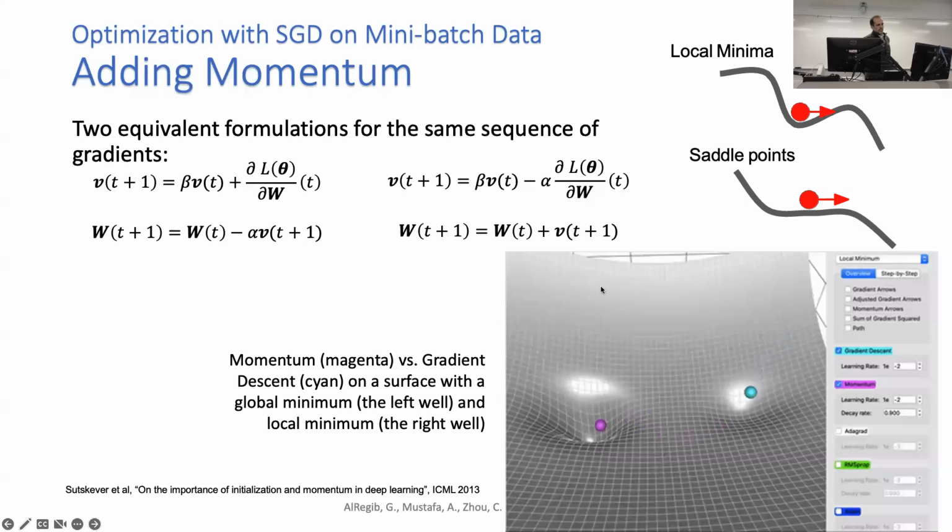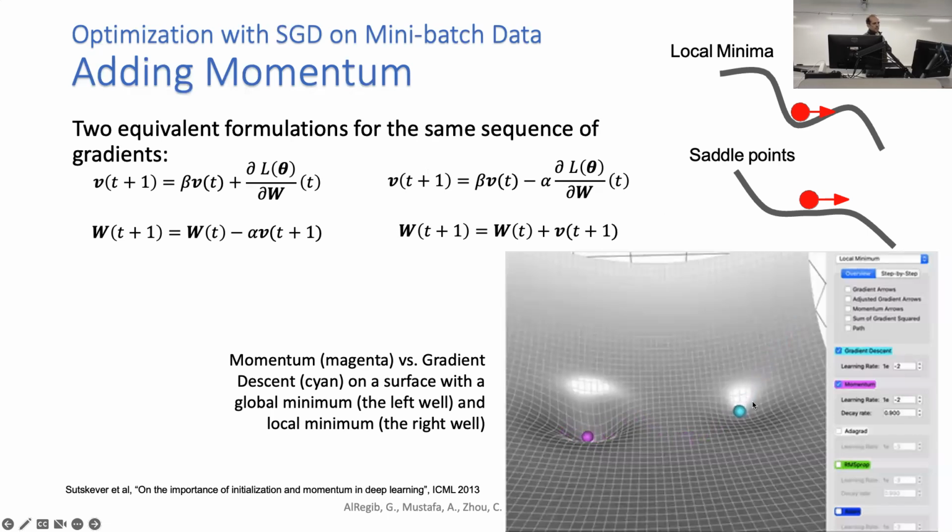Looking at this demonstration, magenta is the momentum, especially with this formulation, and the crayon is the gradient descent. In this made-up space, you have a local minimum on the right-hand side and a global minimum on the left-hand side.